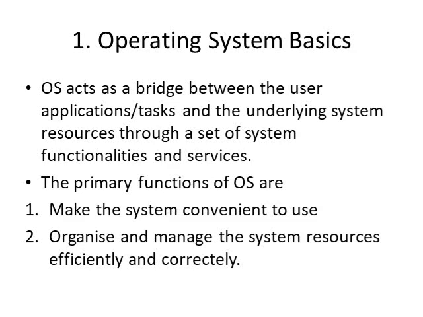And what are the primary functions that the operating system does? There are various functions, but basically the operating system's primary functions are to make the system convenient to use and to organize and manage the system resources. So these are the two basic functions of an operating system.